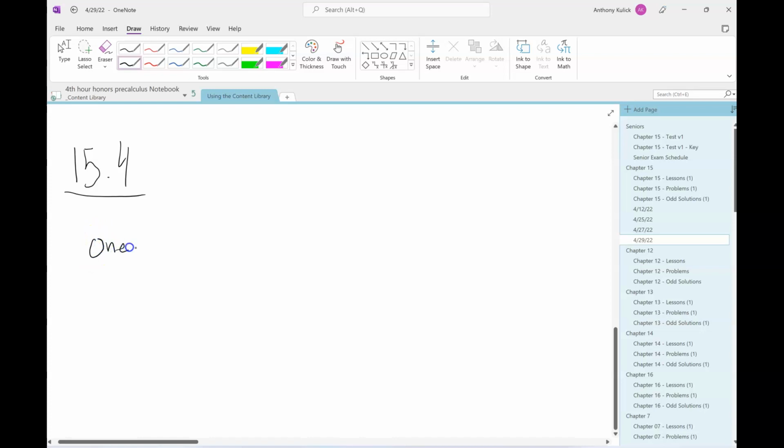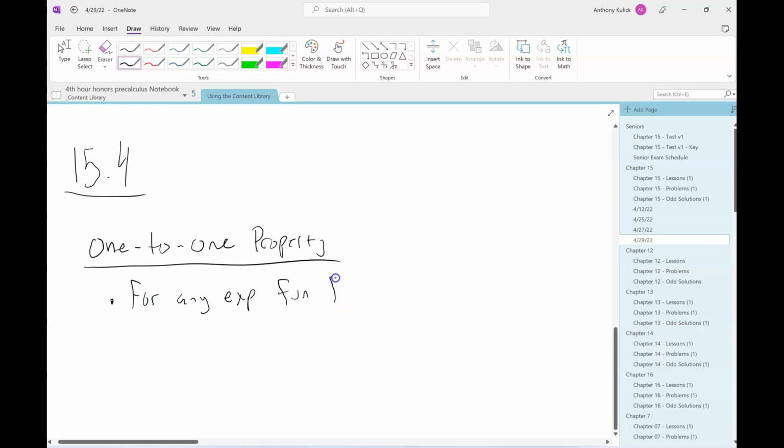The property that we're going to be relying on is the one-to-one property. For an exponential function f of x equals b to the x, if b to the x is equal to b to the y, then x has to equal y, which should come as no shock.